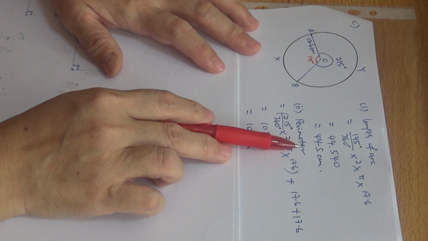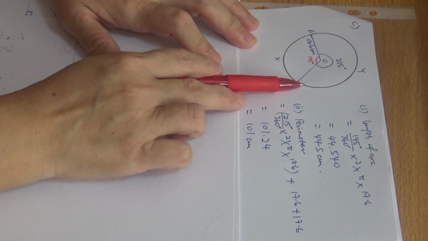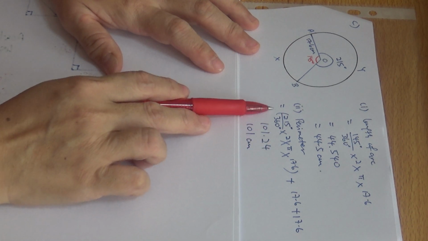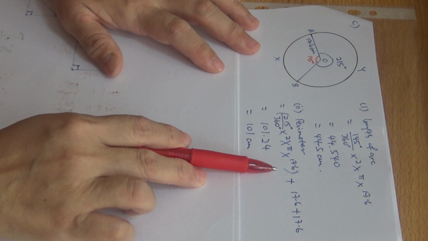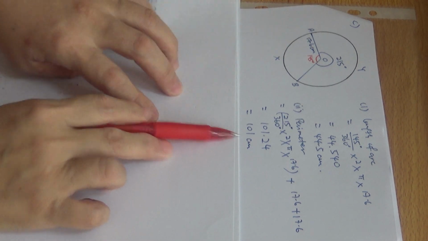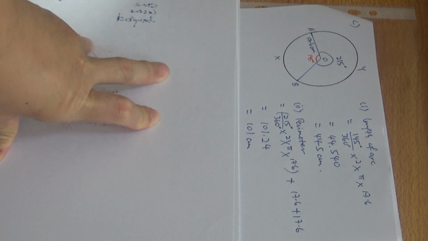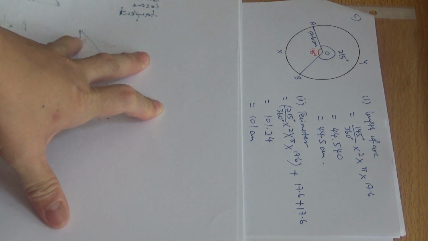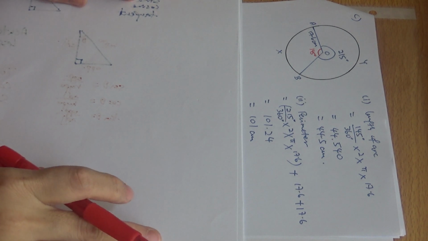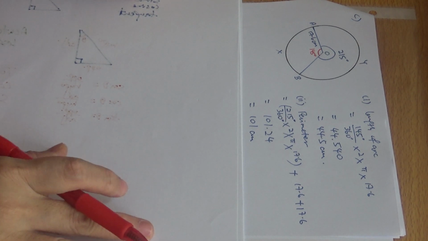Now the perimeter of the major sector will be the length of the major arc plus 17.6 plus 17.6. You will get 101 cm. Note that we are just applying the formula, but you have to apply it carefully. Okay, next I'm moving on to question number 3.